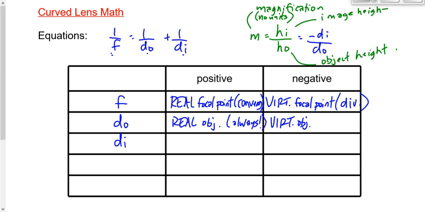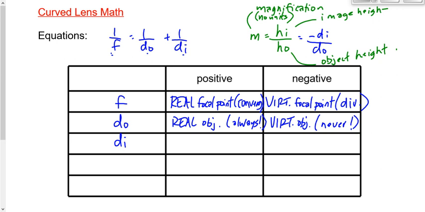Now, it is possible to have a virtual object in a lens system, but it has to be just that, a lens system, where you have two or three different lenses, and the image formed from one lens becomes the object for the second lens. That can be a virtual object. But we're not going to see that, so we don't need to worry about that. For us in Physics 30, Do will always be a positive value. Okay? And it will never be a negative value for us.